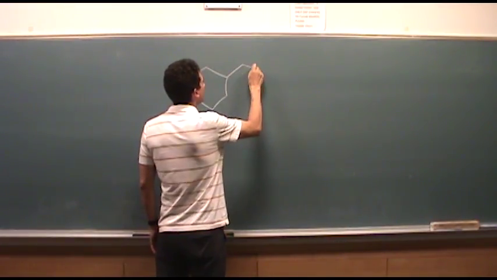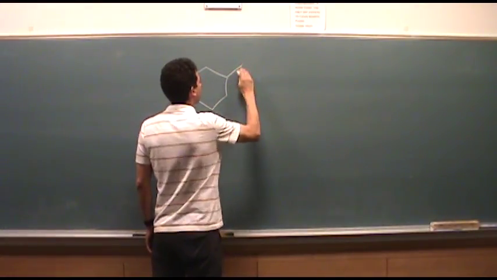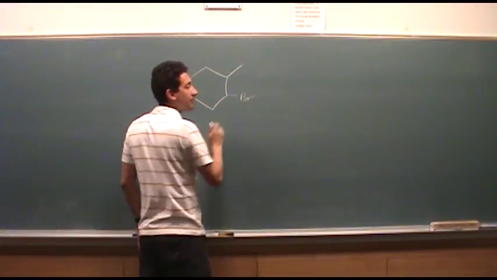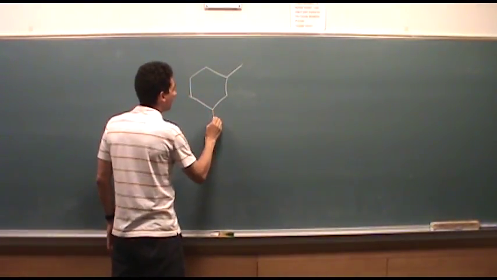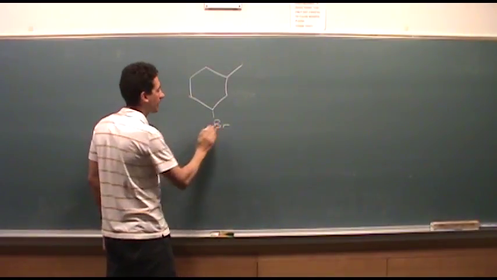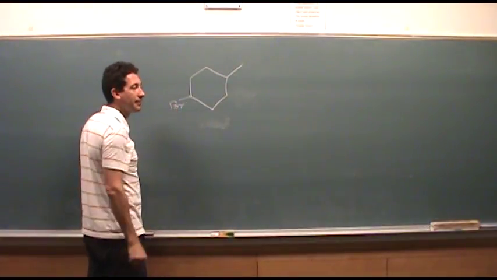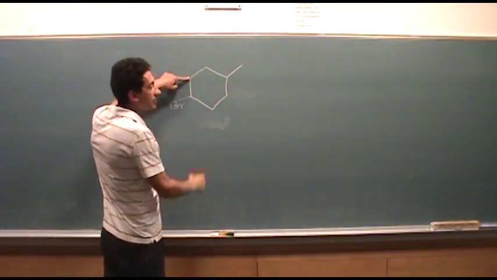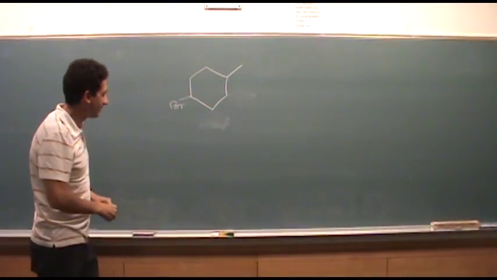That's 2. 3 would be different than the other 2, so we're at 3 now. 4. And 5. If you put it here, it's the same as putting it here. Put it here, it's the same as putting it there. Is that all right?